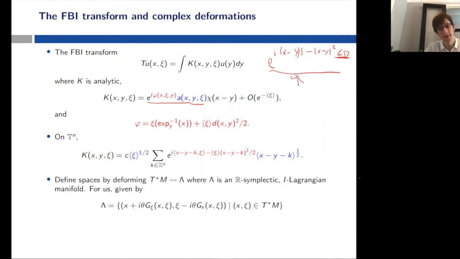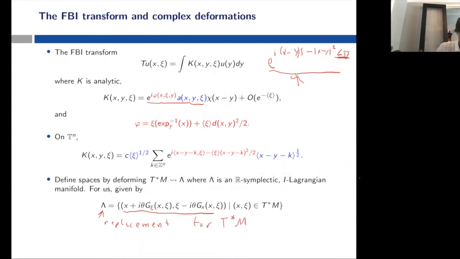You can invert it and so on. And you want to deform the outgoing variables of this FBI transform into the complex, into this now R-symplectic, I-Lagrangian manifold. So this Lambda is the replacement for T*M.